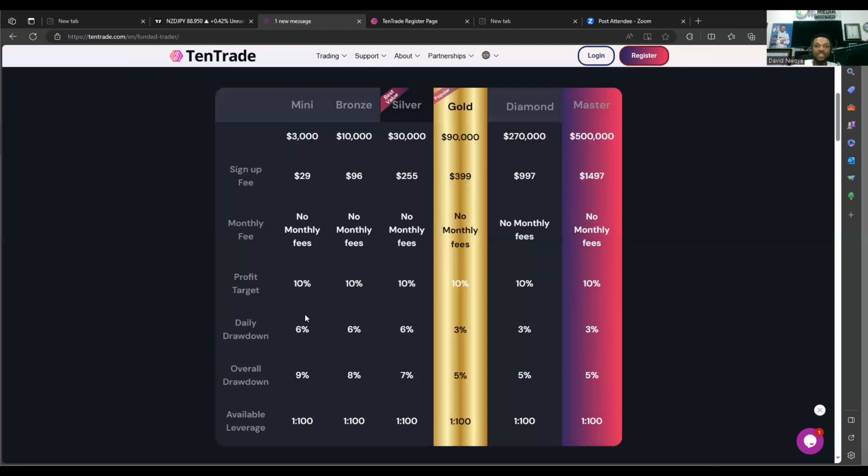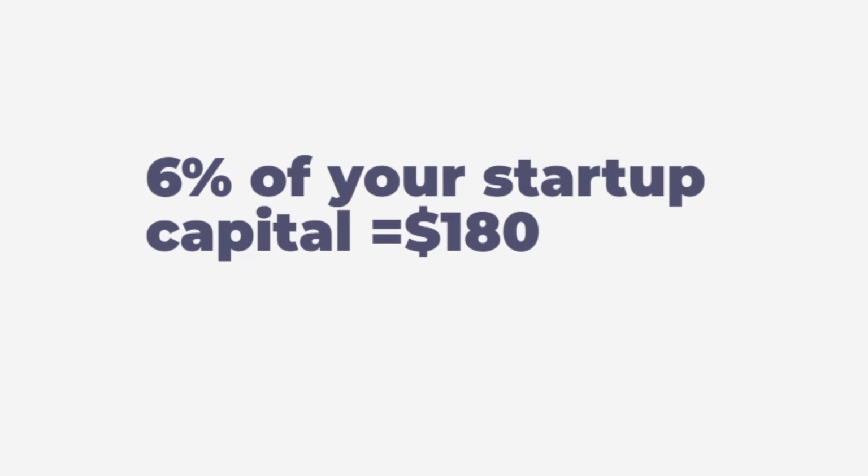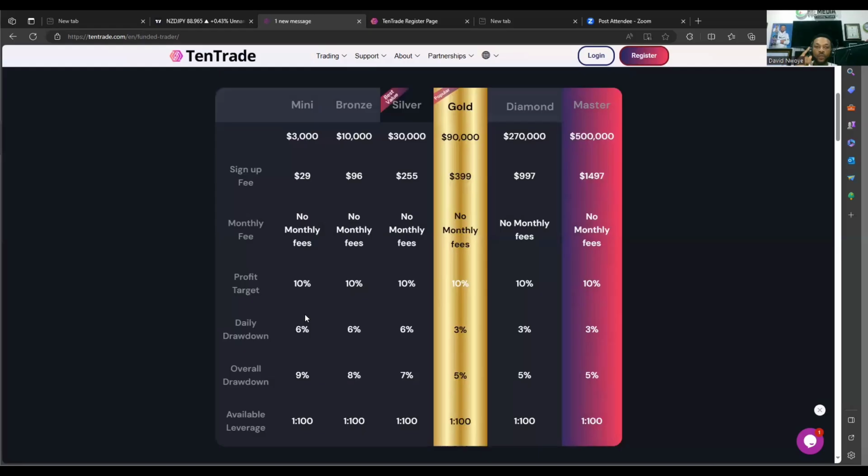So 6% of your startup capital, and I'm explaining a $3,000 account. 6% of a $3,000 account is $180. For you to pass your Tentrade evaluation and get a funded account, you must not disobey this rule.